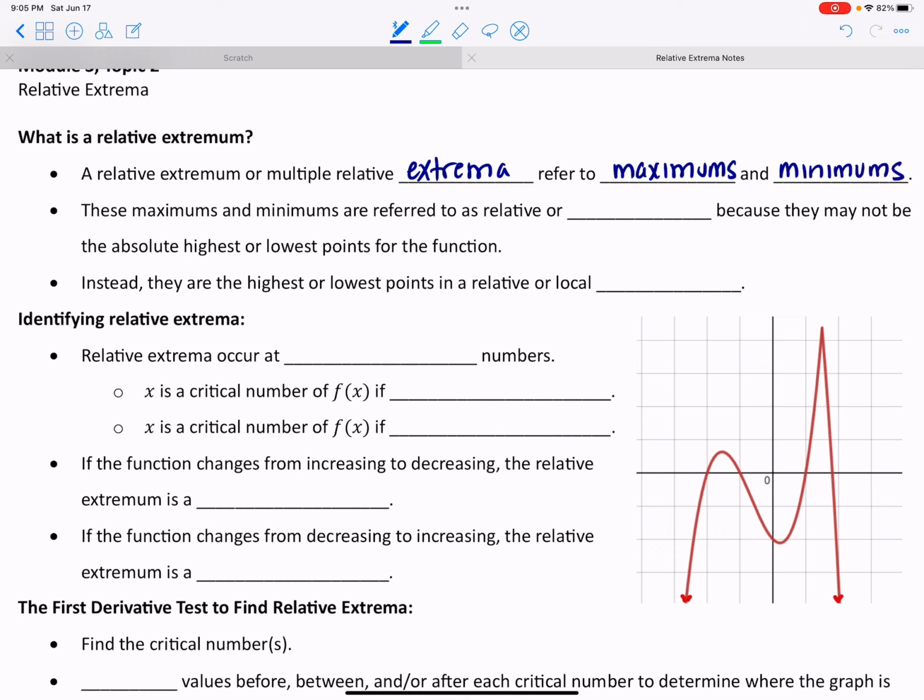And we are going to be referring to these maximums or minimums as relative, or sometimes we use the word local, if they are on open intervals.